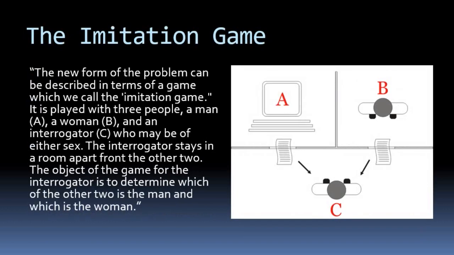The new form can be described in terms of a game, which we will call the imitation game. It's played with three people, a man, A, a woman, B, and an interrogator, C, who could be of either sex. The interrogator stays in a room apart from the other two. The object of the game for the interrogator is to determine which of the other two is a man and which is a woman.